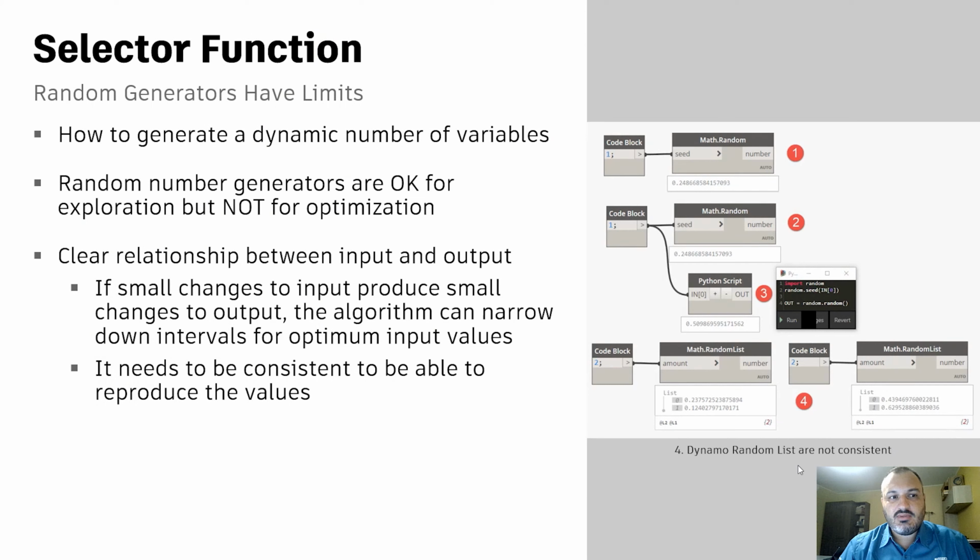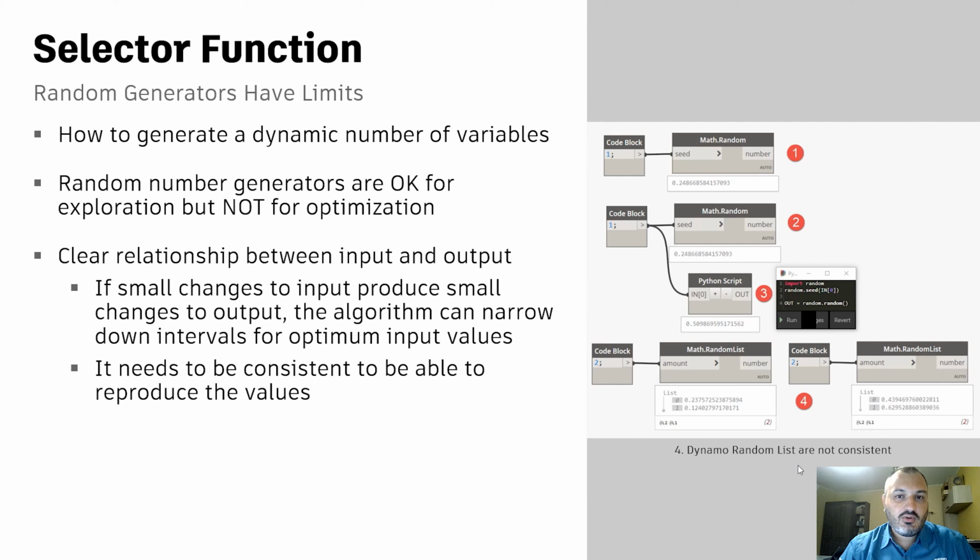So what we need to do is something that looks a lot like a random generator of numbers. So what we want is a dynamic number of variables. But the problem with the random generators is that it's okay for exploration of the problem, not so much for learning, and therefore for optimization.